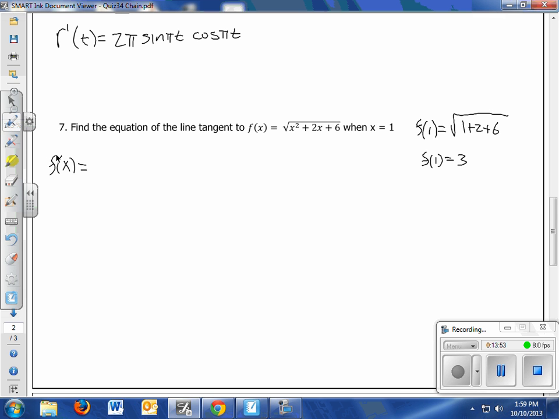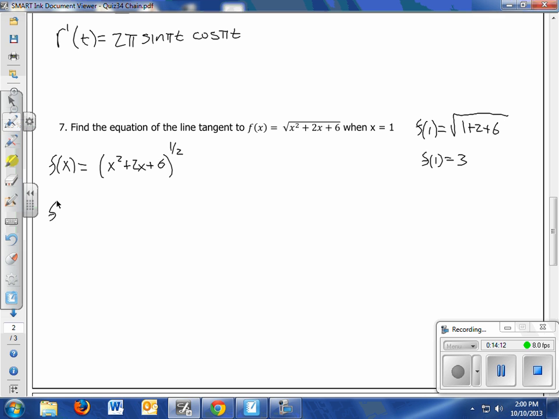Well, before I find the derivative, I'm going to rewrite this as a function to the 1/2 power. So the outside function would be x to the 1/2. The inside function is x squared plus 2x plus 6.